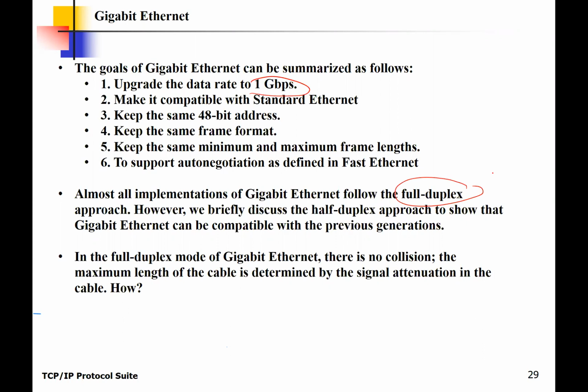And at the same time I'm receiving. So I'm sending my data to the switch, and the switch will decide when I will send, correct? So as a device, I'm sending to one device, and this device listens to me all the time. So there is no collision. That's why we call full duplex collision free. All right.